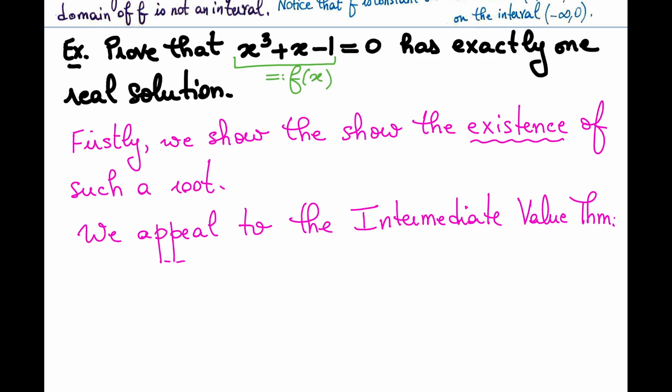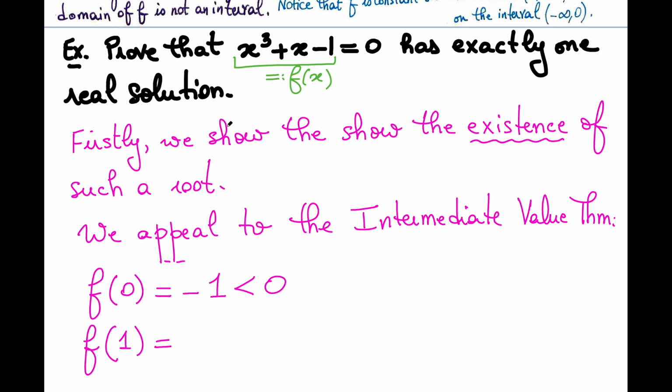How about I ask you to evaluate this function at some number? How about f of 0? What's f of 0? Well, it's 0 cubed plus 0 minus 1, which is minus 1. So this is negative. And how about I ask you to evaluate f at 1?